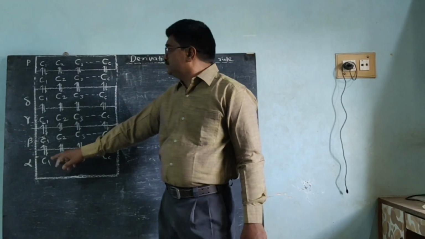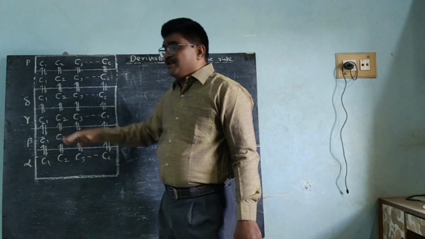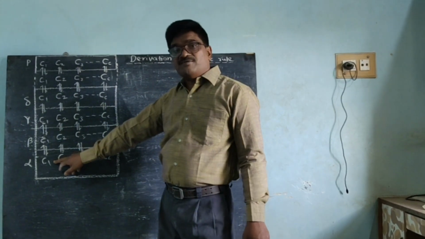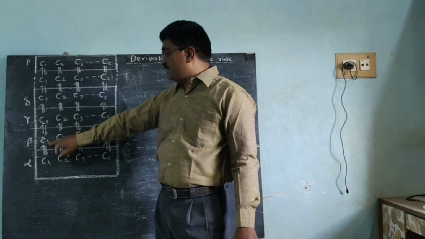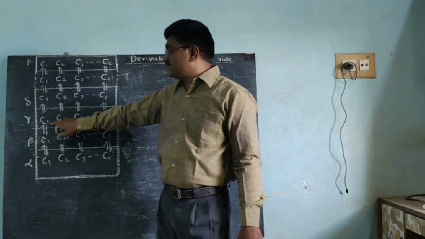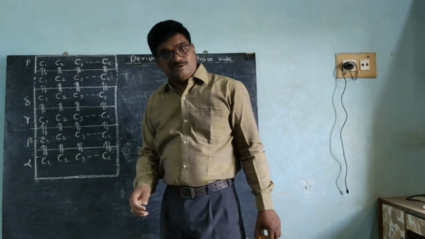Here the C1 in alpha phase is in equilibrium with C1 in beta phase, which is in equilibrium with C1 in gamma phase and so on.